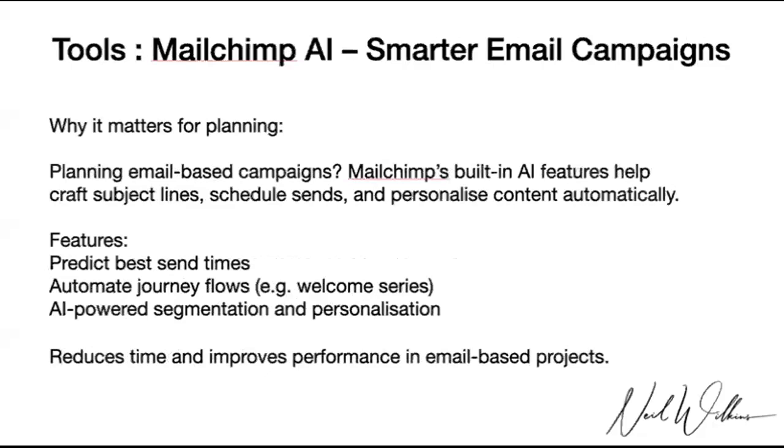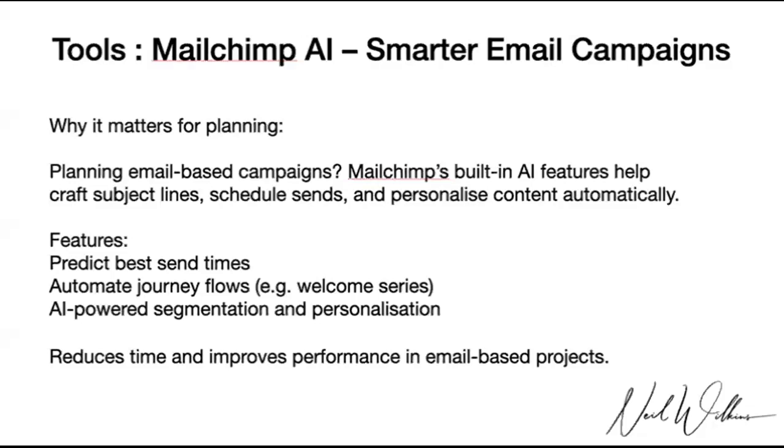Another more practical, execution-focused one is MailChimp's AI. Most of us, or many of us, use MailChimp, and others obviously are available, but MailChimp is one of the go-to email platforms, and you can run smarter email campaigns now with MailChimp's AI, reducing the time to create your campaigns and improving performance within email-based projects.